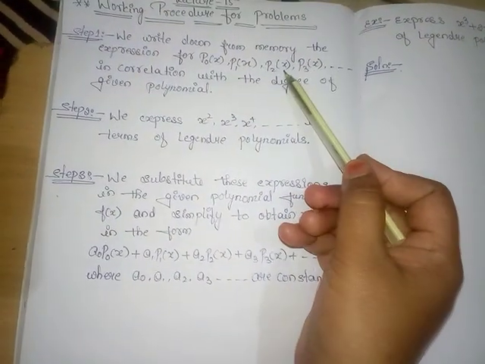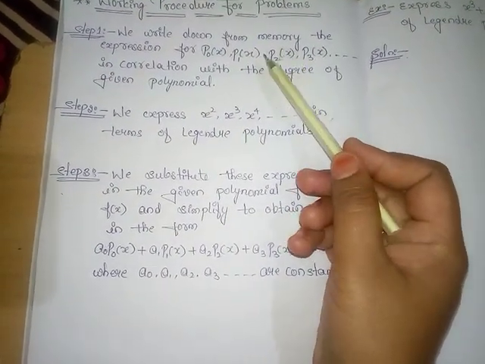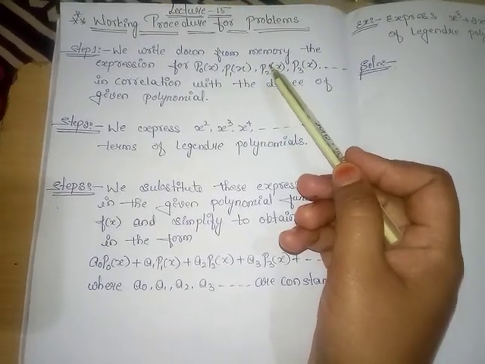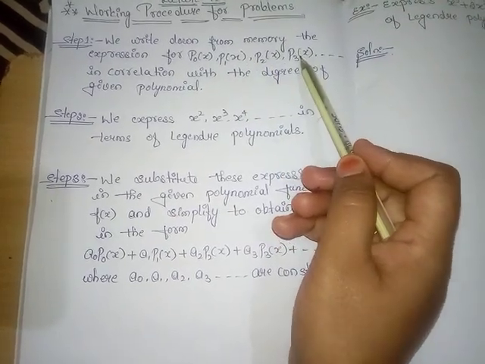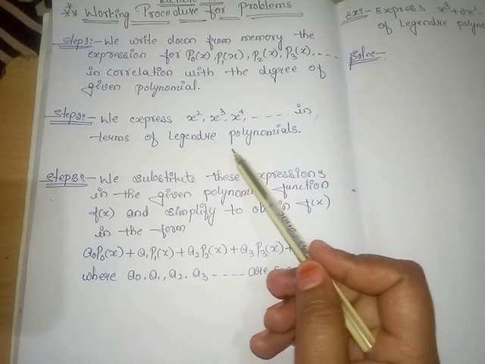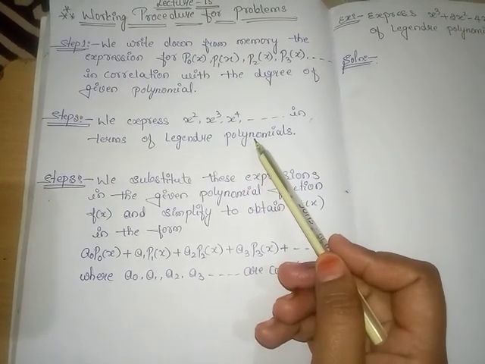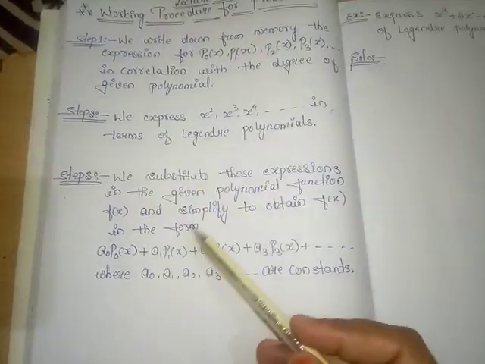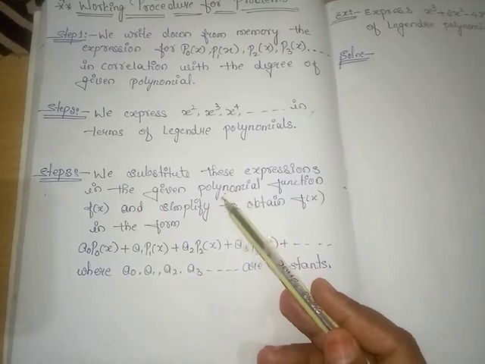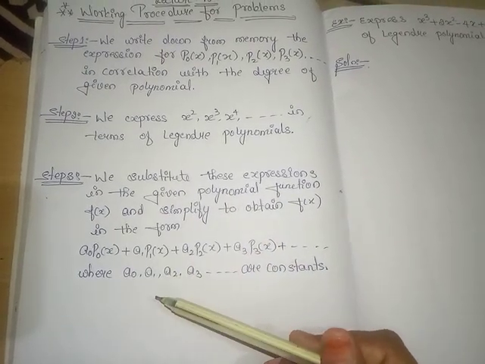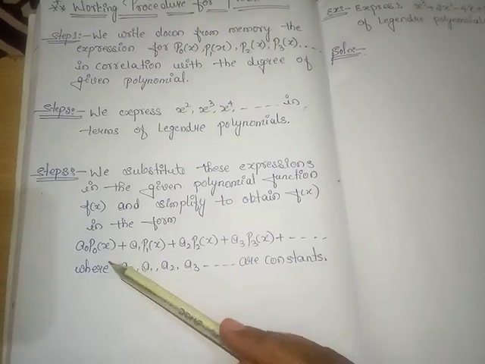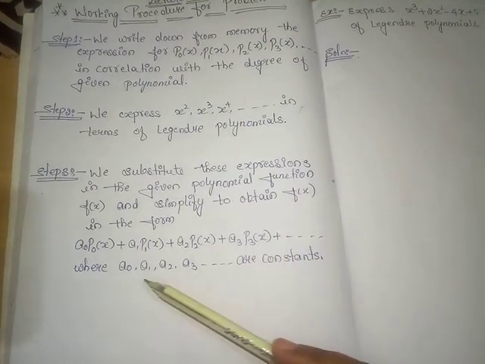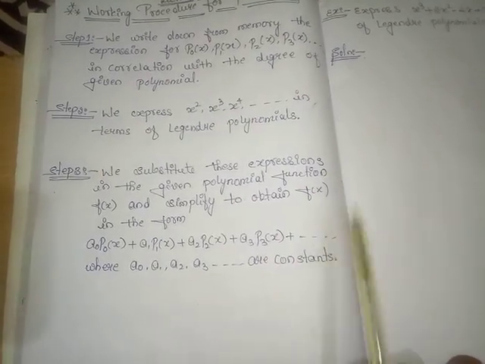First we use the Legendre's polynomials from memory, from our standard results which we memorized, and express x square, x cube, x raised to 4 and so on in terms of Legendre's polynomial. Then we substitute all these in the given expression and get f of x in terms of a0 P0 of x plus a1 P1 of x plus a2 P2 of x and so on, where these a's are constants. Let us see the example.